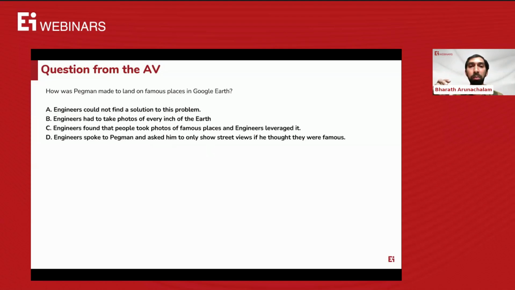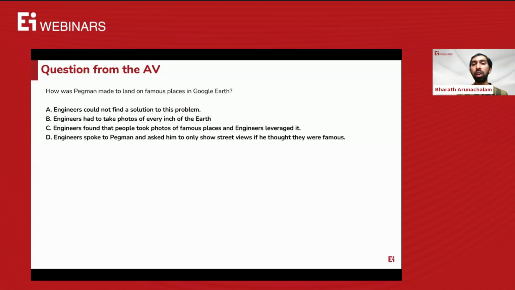He knew that people generally go to famous places and take photos, and they were also posted, so they are stored, probably in the cloud. Those images were leveraged as data, and because of this pattern he could find, he was able to make Pegman a little more understanding of what famous places are.